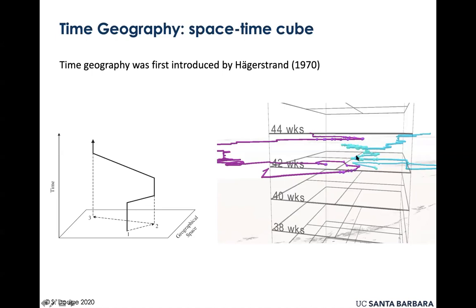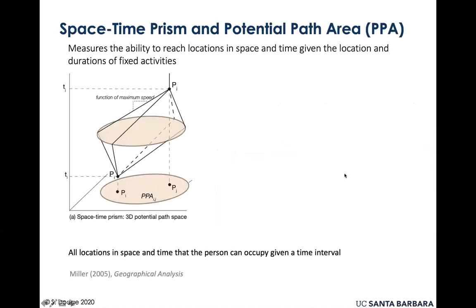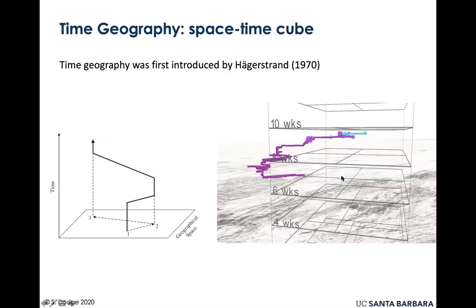And if you have multiple individuals, the idea is to figure out when they come close to each other in space and time: at the same time and the same location, or with a time lag, at the same location.